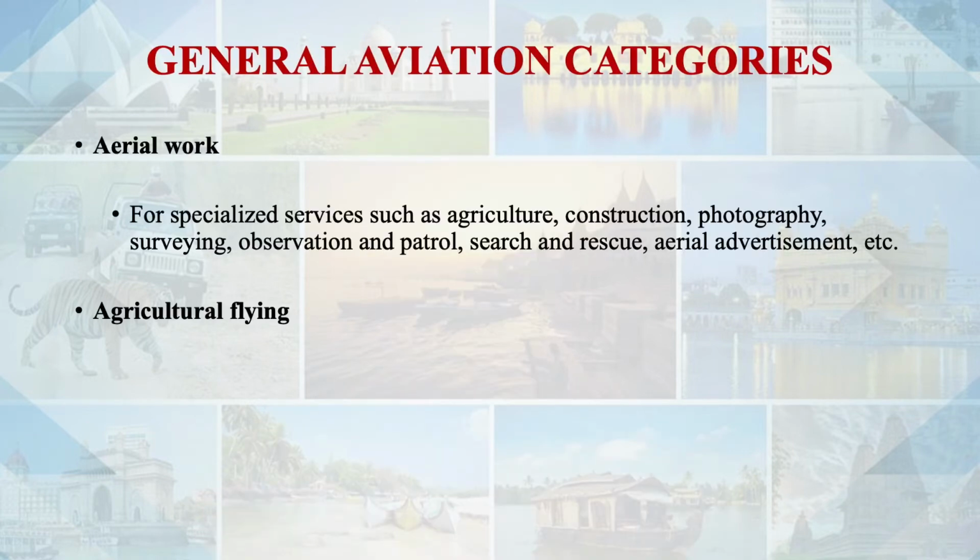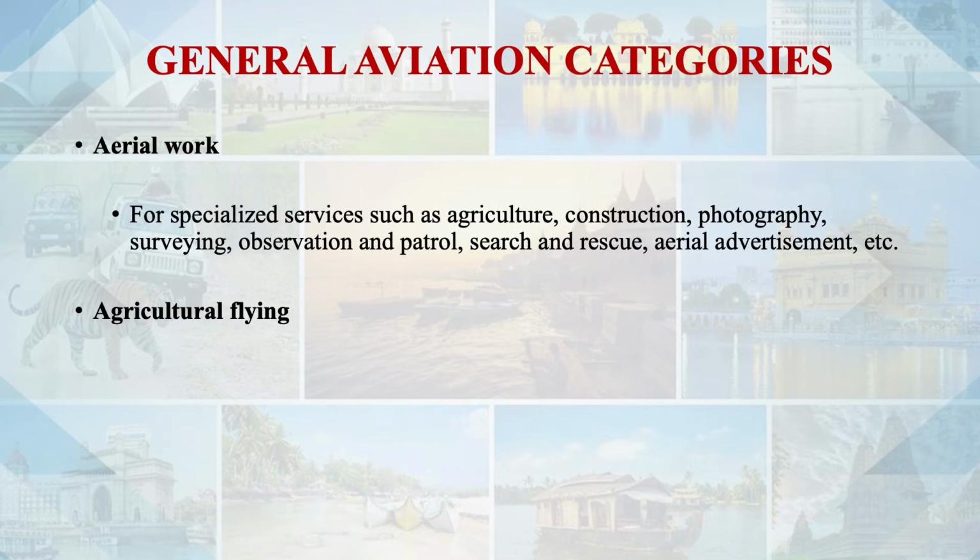We may not be quite familiar with this, but developed countries in particular will be using these quite often. That is very important nowadays. Even if agriculture is part of aerial work, in some countries they have a separate division for that. So we call it agriculture flying.